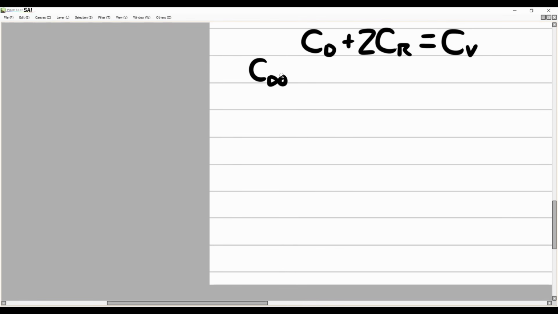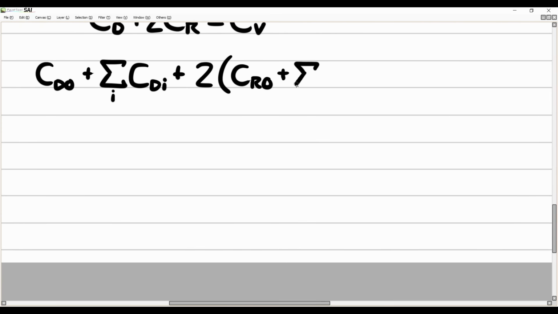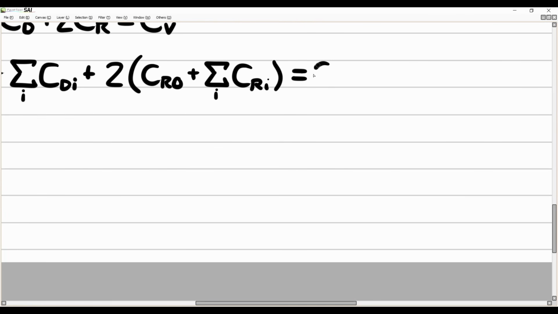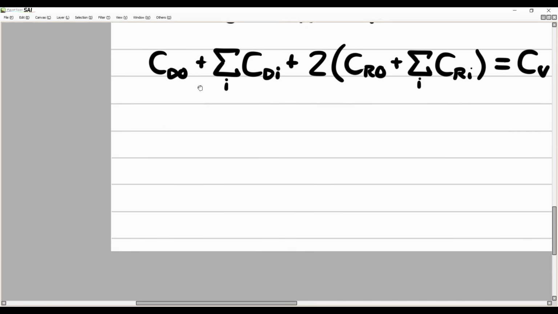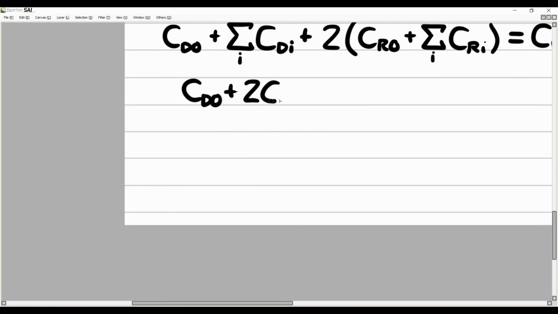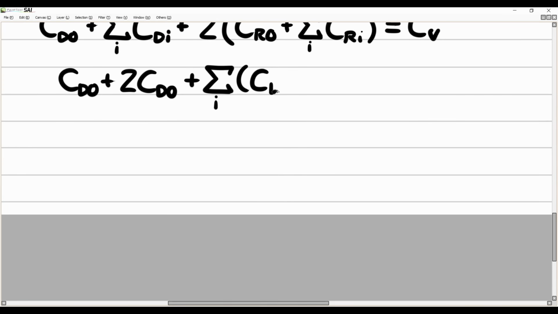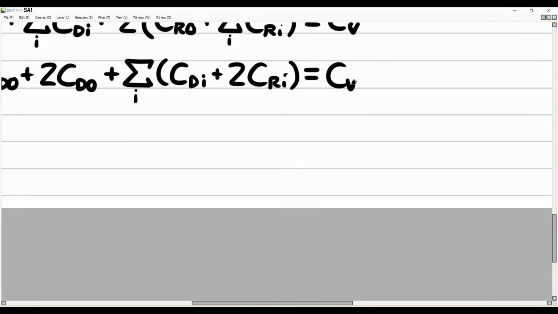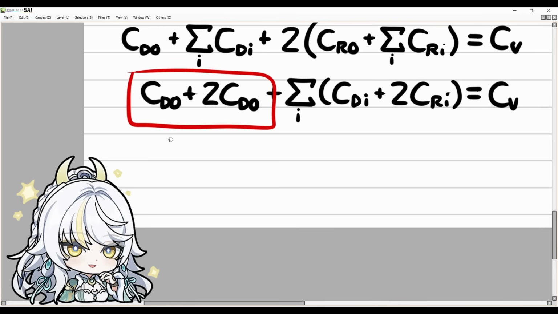And if you substitute, well, we can actually distribute this 2 into the different terms here, and then we could group the summation symbols together. So this term here, that looks like a constant. And well, yeah, that is specifically the crit value from the non-adjustable parts of your build.